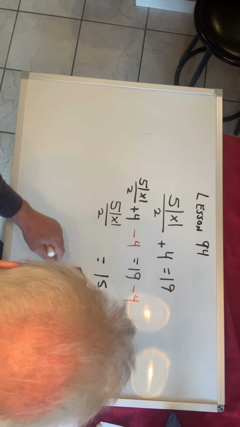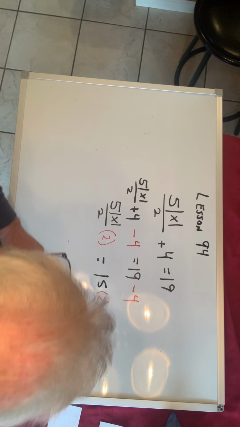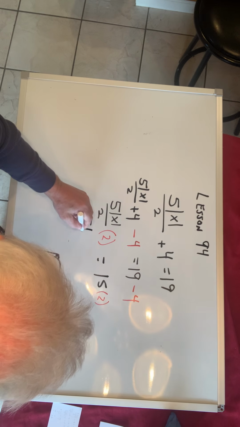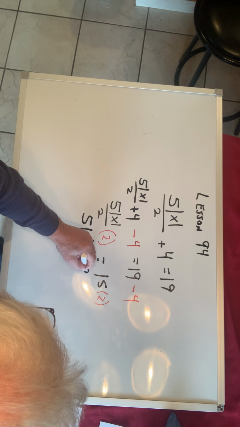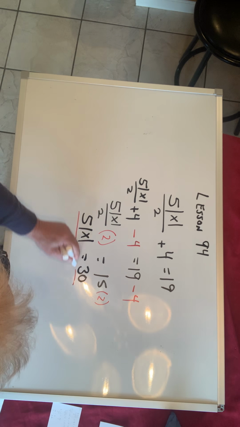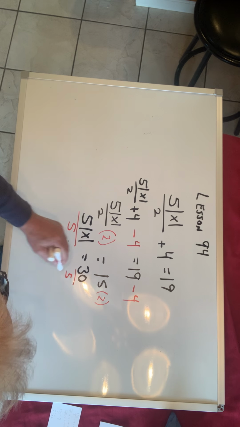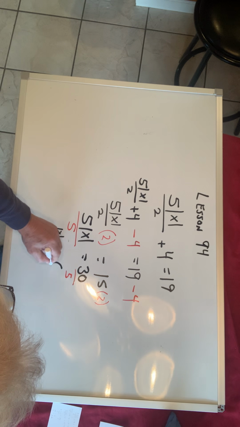Now, they're dividing by 2, so you say, fine, I'm going to multiply by 2. And I'm left with 5 times the absolute value of x equals 30. They are multiplying by 5, so you will divide by 5, and you get the absolute value of x is equal to 6.